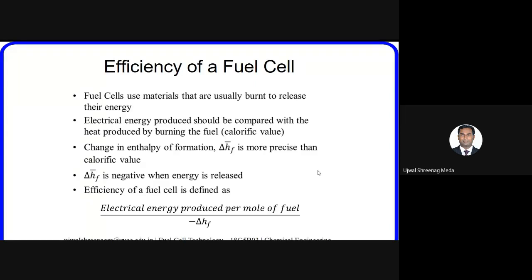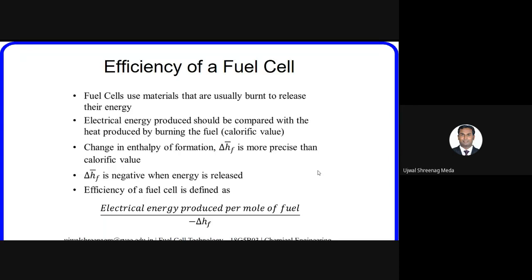Now the starting material, the reactants, that is hydrogen and oxygen, and the chemical potential of these reactants is considered as the starting point. That is the energy that we have in hand. So we need to find out how much energy or what part of this chemical potential or chemical energy is converted into electricity. Is it completely getting converted, or what is happening in between?